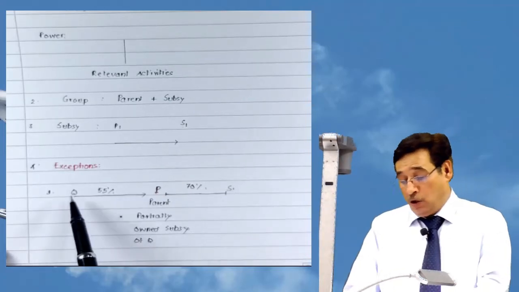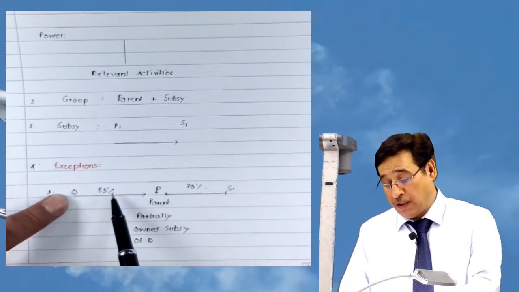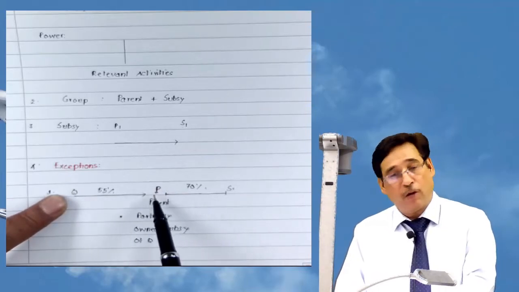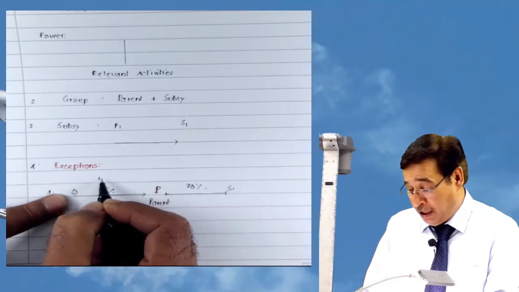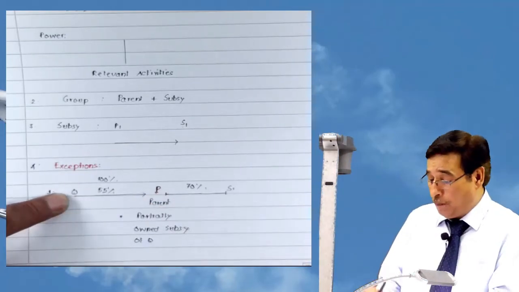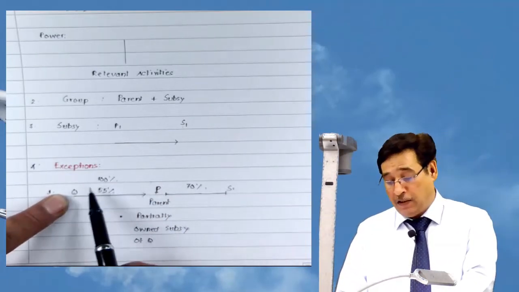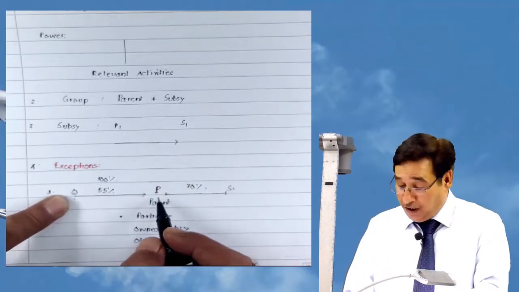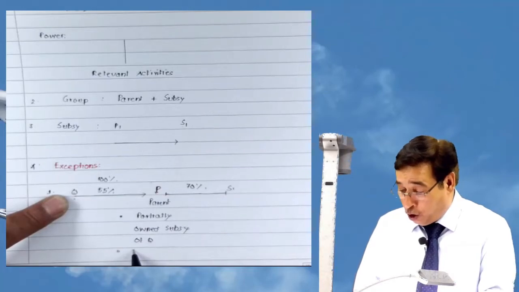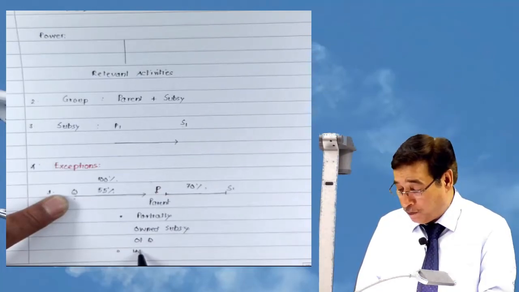Q Limited has invested in 55% stakes of P Limited. Suppose Q Limited had invested 100%, suppose 100% of the share capital is in the hands of Q Limited, then I would have said that P Limited is a wholly owned subsidiary.